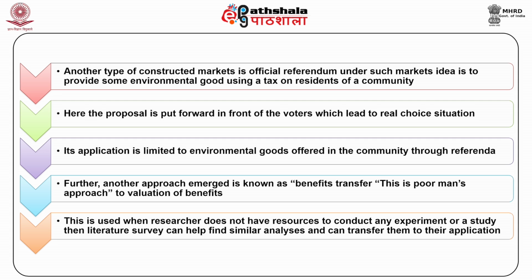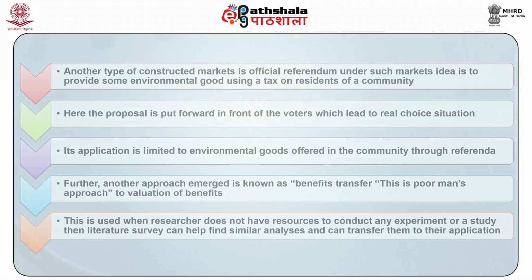Further, another approach emerged, which is known as benefits transfer. This is a poor man's approach to valuation of benefits. This is used when the researcher does not have the resources to conduct any experiment or study. Then a literature survey can help find similar analyses and transfer them to their application.